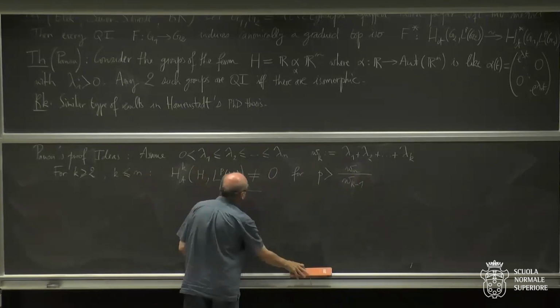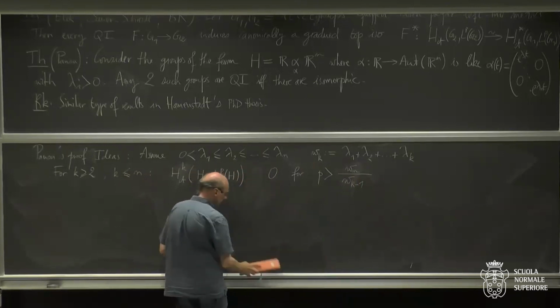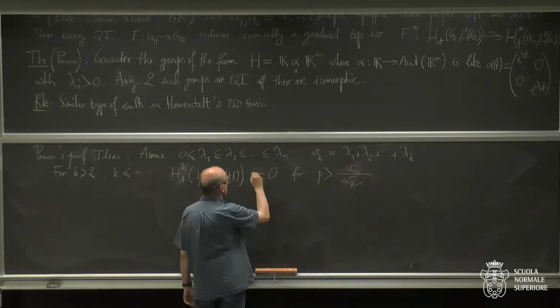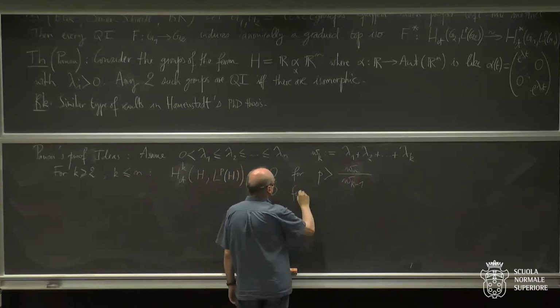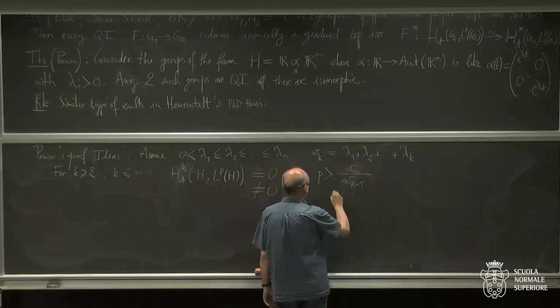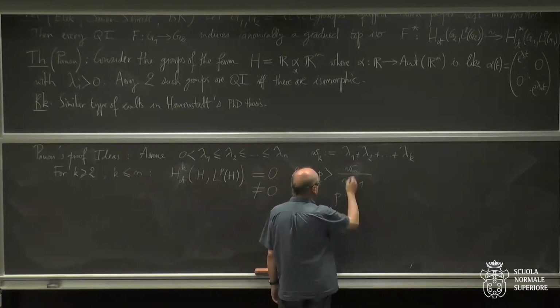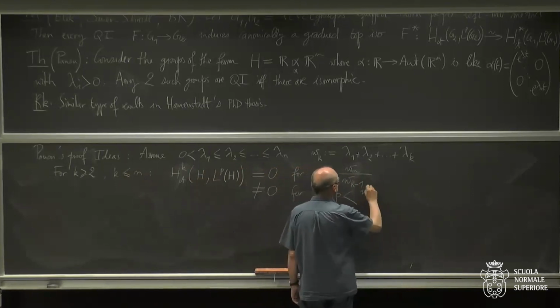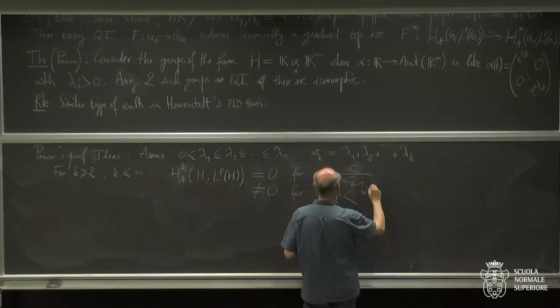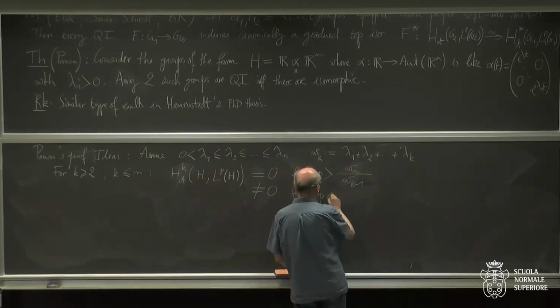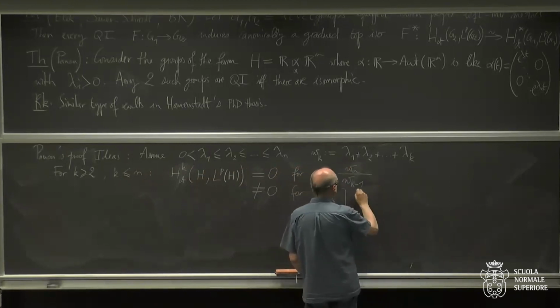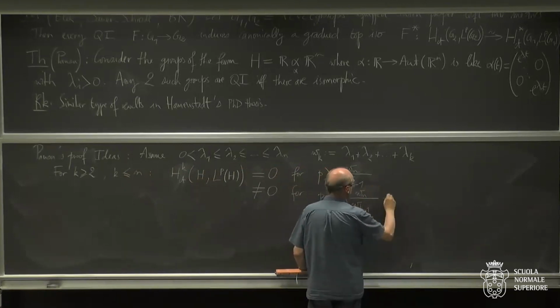Yeah, so I do it again. It is 0 for p larger than this, and it is non-zero for p in some interval between this number and this number minus epsilon.